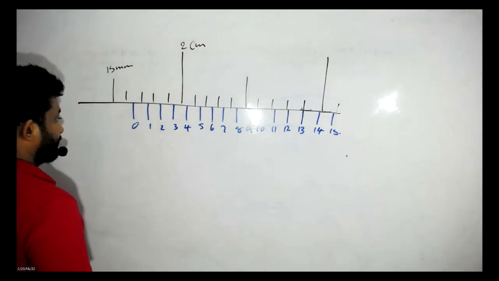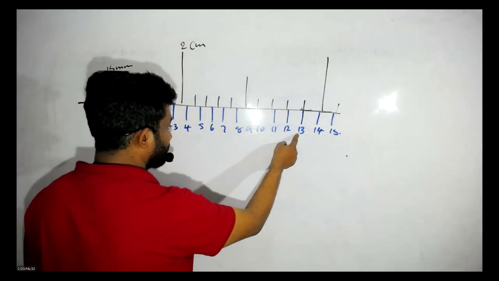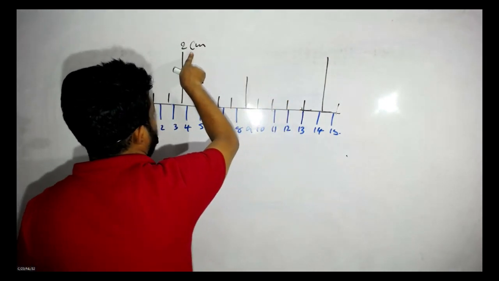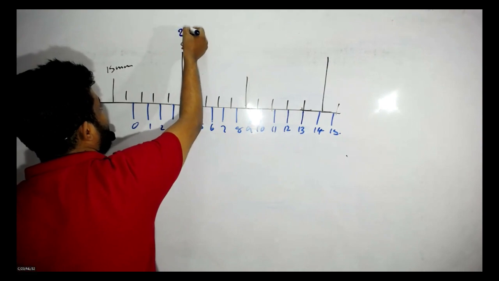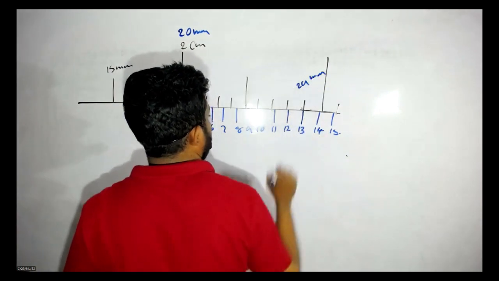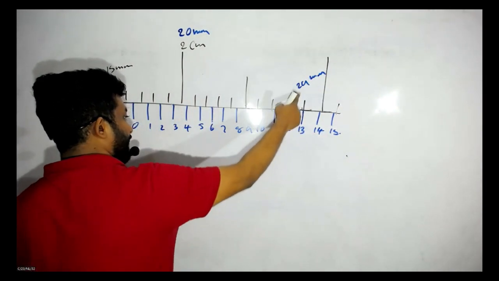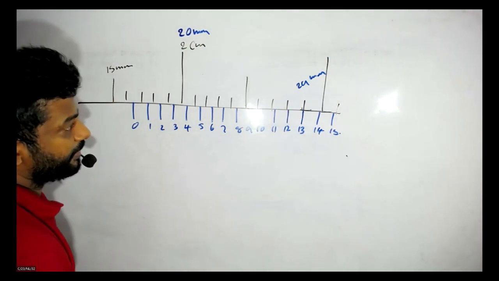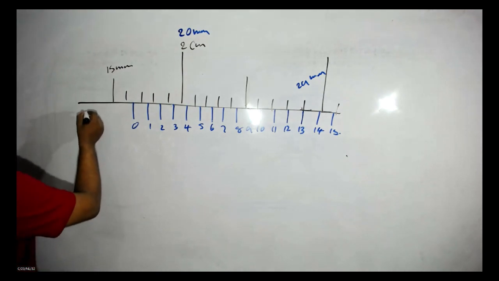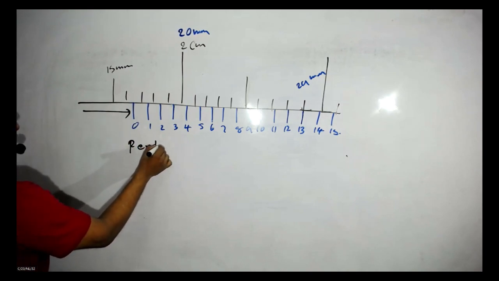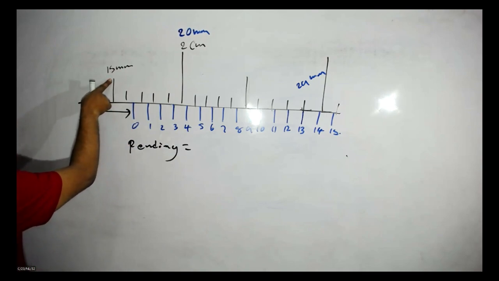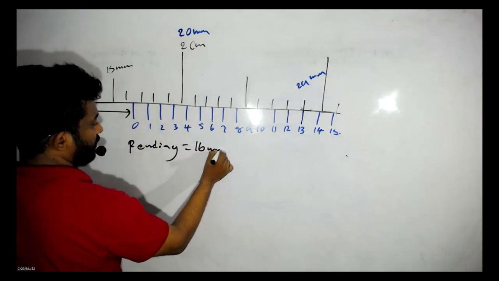Pute, according to the diagram, you can observe that the 13th vernier division coincides with the 29th millimeter division, right? Now you can get the reading. What is the reading? The main scale reading is 16 millimeter. This one is the main scale reading.